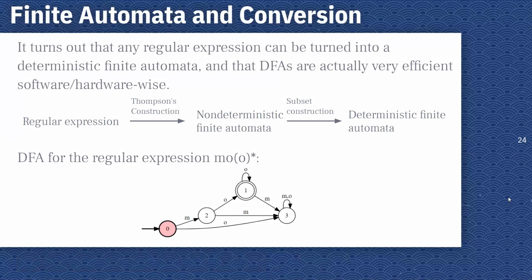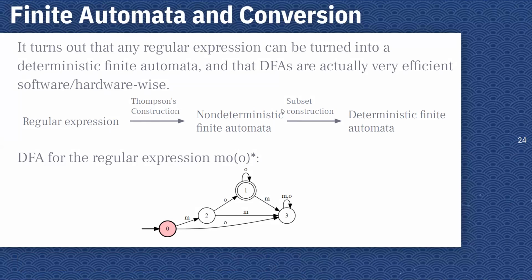So it turns out that any regular expression can be turned into a deterministic finite automata, and that DFAs are actually really efficient in terms of software and hardware. So the way we would do it is we would apply what's called Thompson's construction to a regular expression, and that'll turn it into a non-deterministic finite automata.